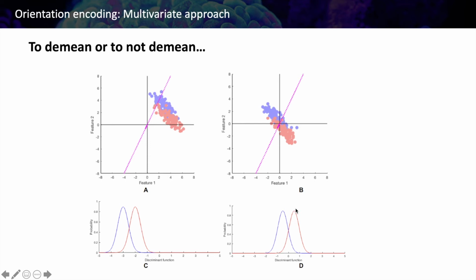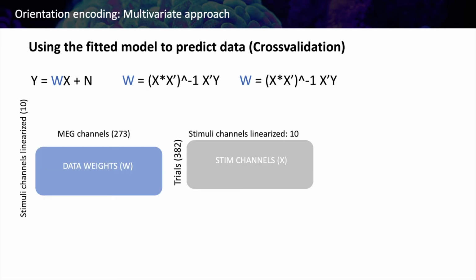But if you are fitting a forward encoding model for each condition individually, then it's very important what is the distance with respect to a center point. So in forward encoding models, you need to demean the data before you train your model and before you test your model. But if you are just classifying between classes, you wouldn't actually need to do it. It wouldn't make a big difference.